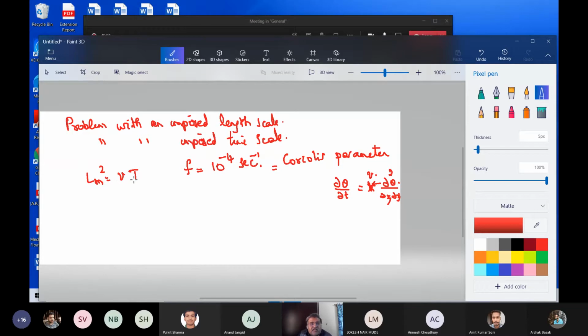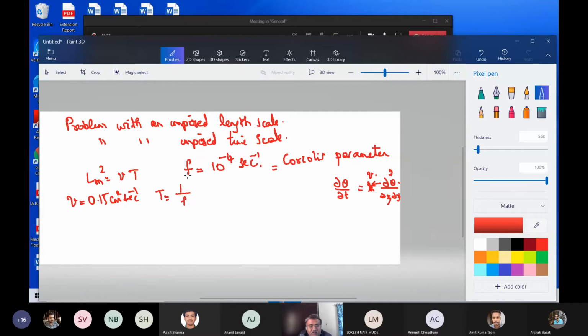The time scale is fixed. Time scale is 1 by 10 raised to minus 4, so it's about 10 raised to 4. So now with this, nu for air, we are considering air here, not the ocean. When we consider air, nu is equal to 0.15 centimeter square per second. And time scale is equal to 1 by f.